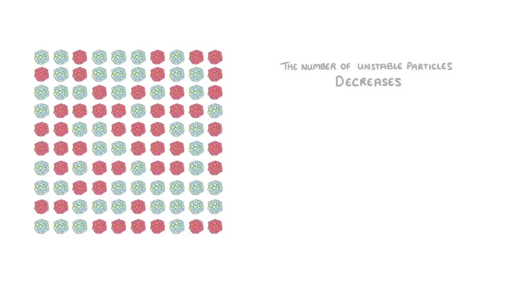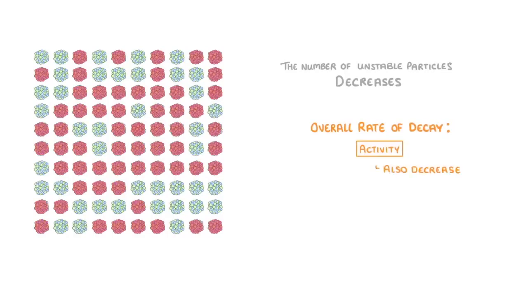So we have no way of knowing when any particular particle will decay. As time goes on though, and more of them decay, the number of unstable particles remaining decreases. Because there are fewer particles left to decay, this means that the overall rate of decay, which remember is the activity, will also decrease. Which is why it looks like the sample is decaying more slowly than it was at the start.